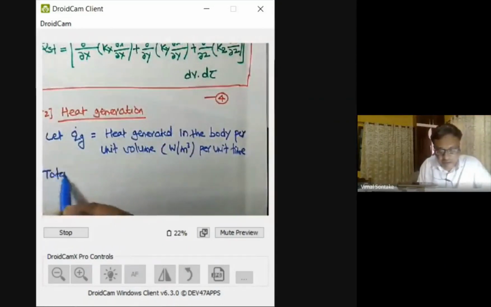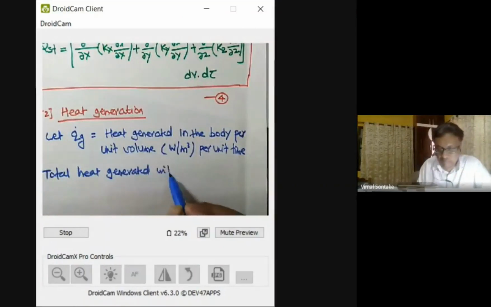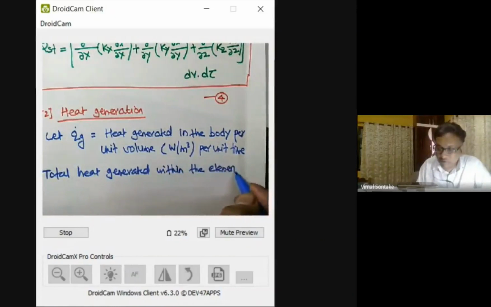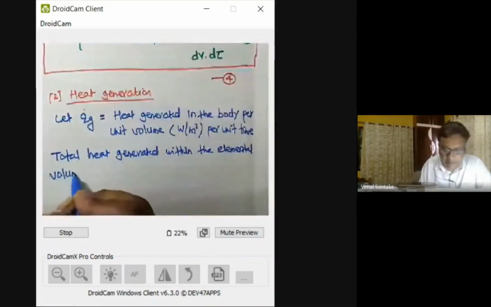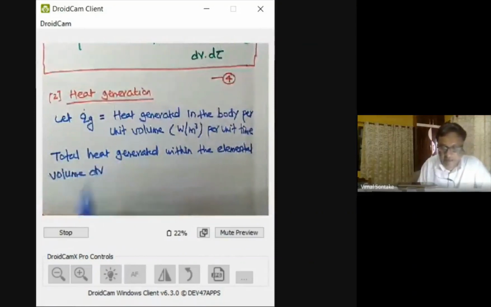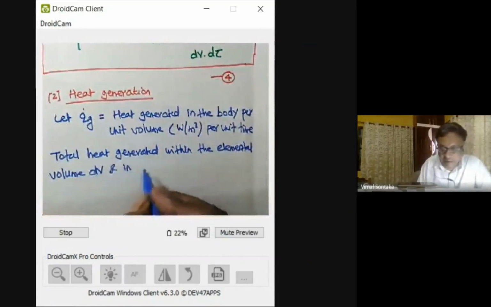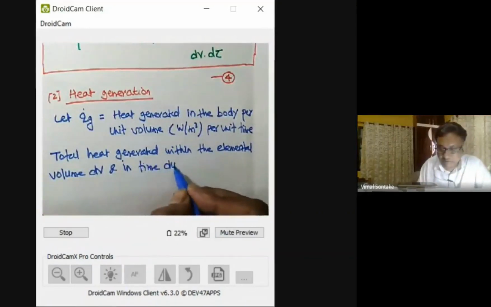So what will be this total heat generated within the elemental volume dV and in time duration d tau?